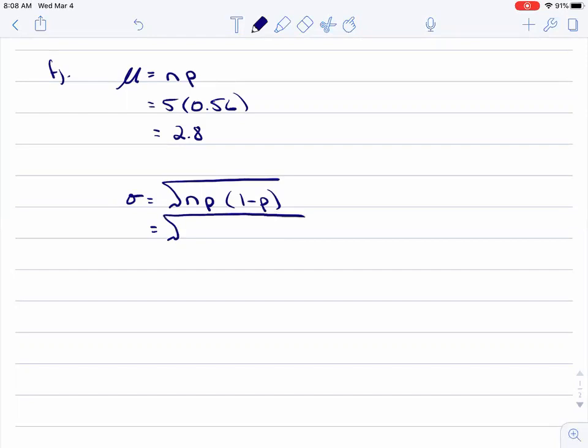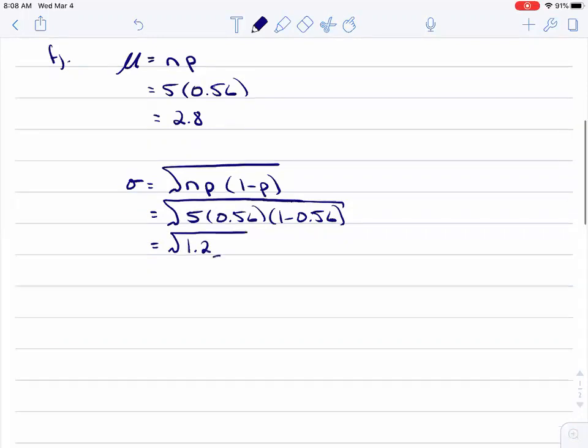So we want the square root of 5 times 0.56 times 1 minus 0.56. So we do 5 times 0.56 times 1 minus 0.56 in brackets, right? Just be careful. So I get the square root of 1.232.